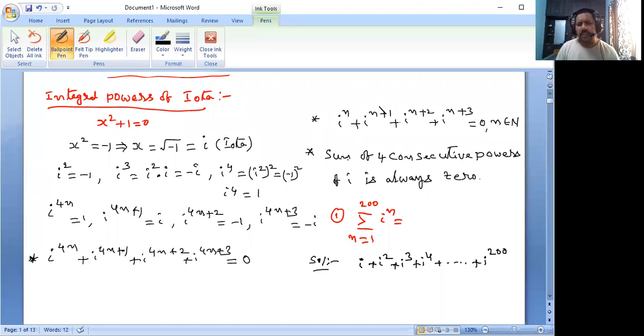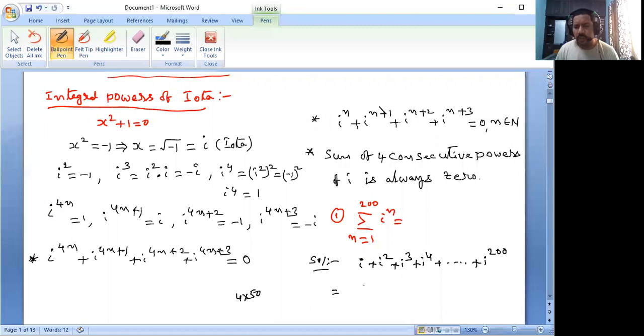Here see that the sum of 4 consecutive powers of i is always 0. That means i plus i square plus i cube plus i power 4, take it as 1 unit. The sum of the terms is how much? 0 or not? How many such units are possible? 200 means we know that 4 into 50 is 200, or not?